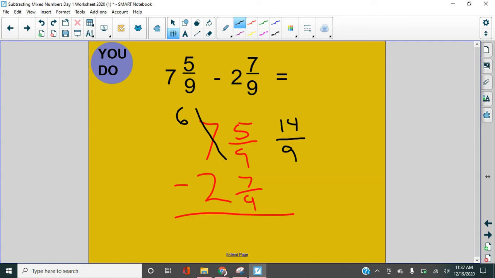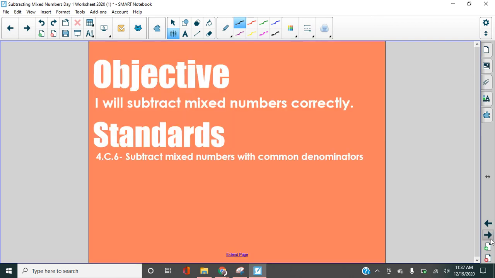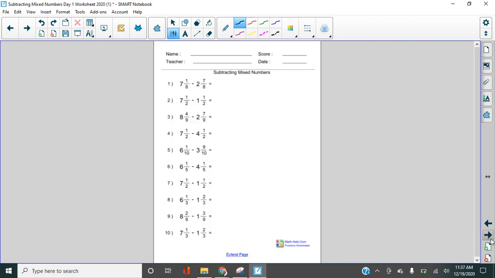So we added the 5 plus 9 to get 14. Now subtract. What's 14/9 minus 7/9? And what's 6 minus 2? And you should have ended up with 4 7/9.